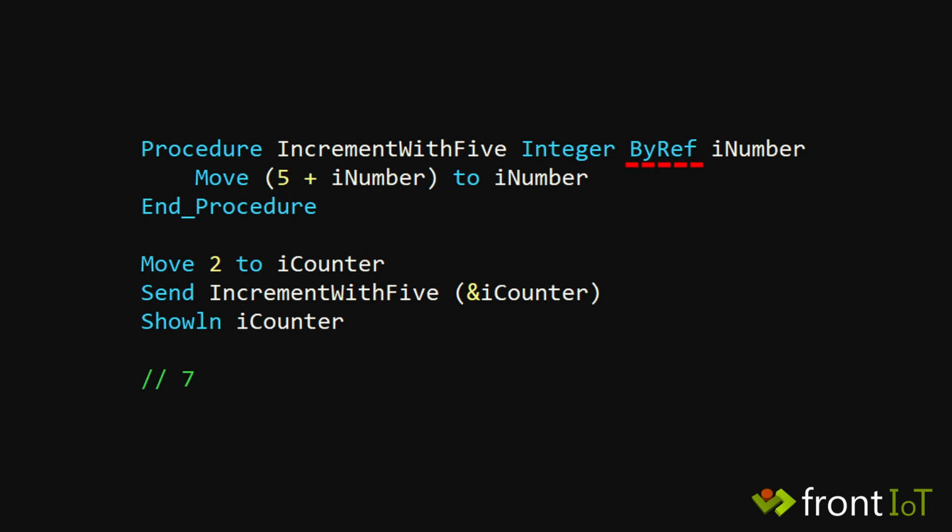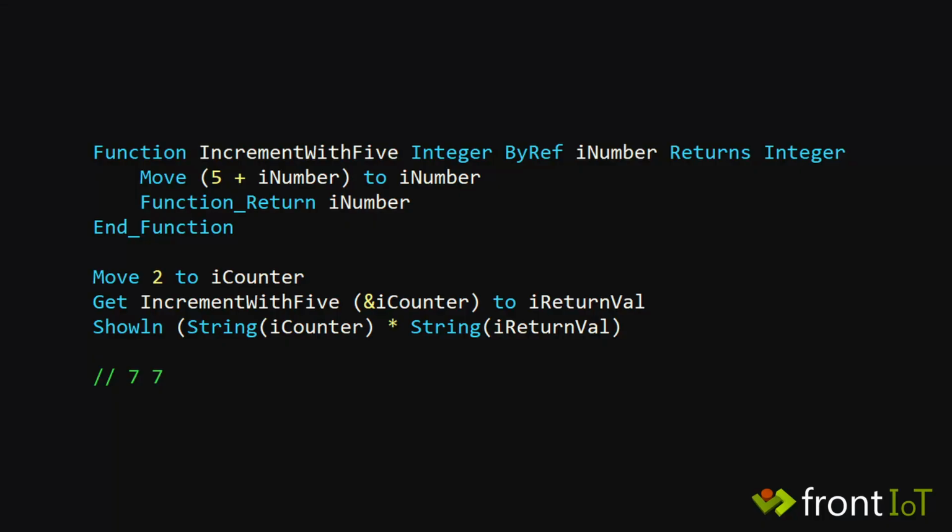Then you call it using an ampersand character, and it will modify your local variable. So that is pretty much like having a return value from a procedure, but it doesn't return anything. When calling a function, you have to include a returns type, and you can pass variables using byref to a function as well.